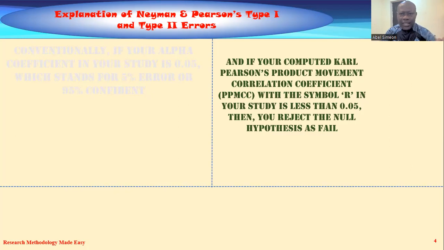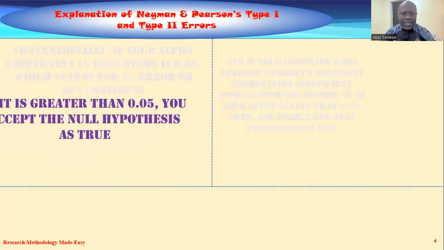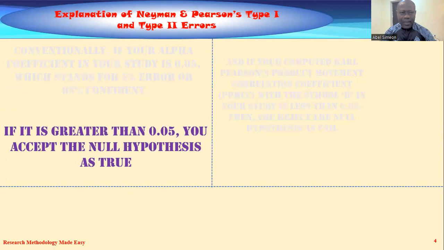But if it is 0.05 and above, then you should accept it, because you are 95% or more sure that the analysis is true, then you accept the null hypothesis.